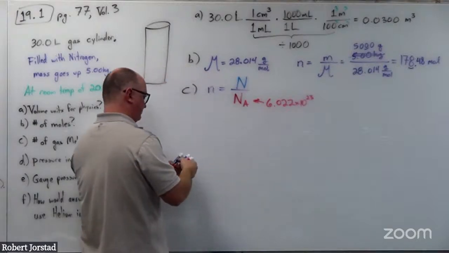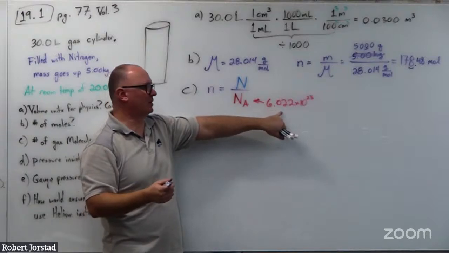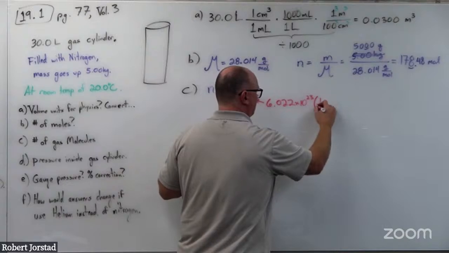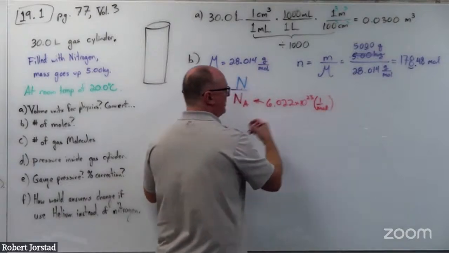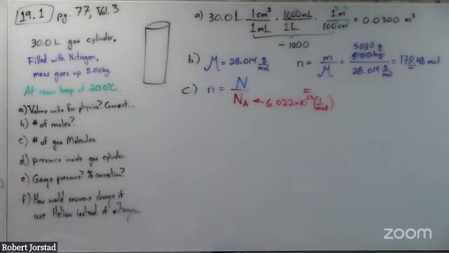And sometimes this will have a unit of 1 over mole put on it. So maybe I'll write this in this way. Some people will write that as 1 over mole. When you punch that in, what is the number of molecules I got? 1.0748.